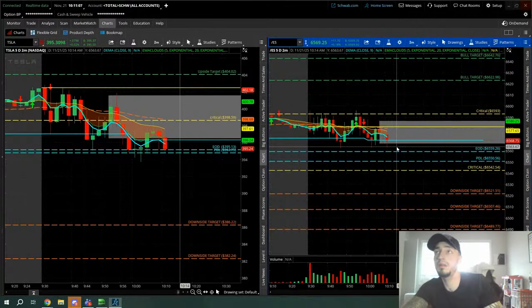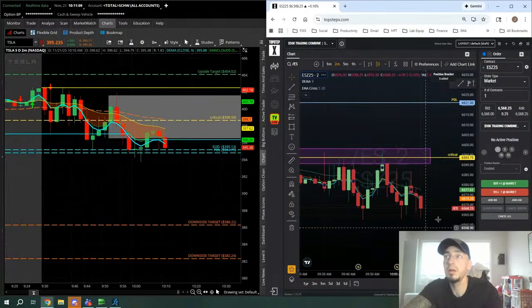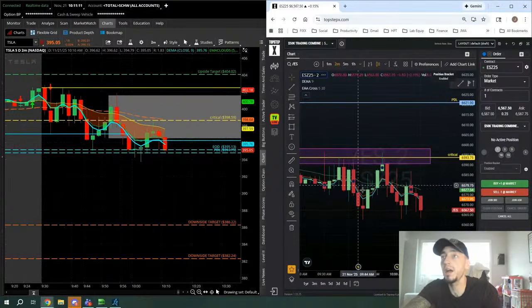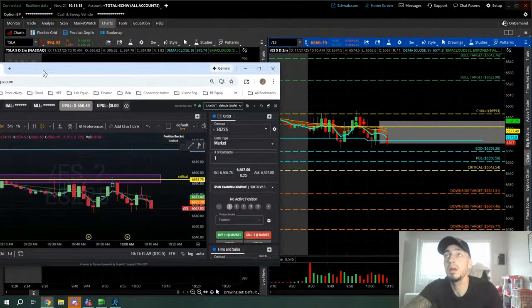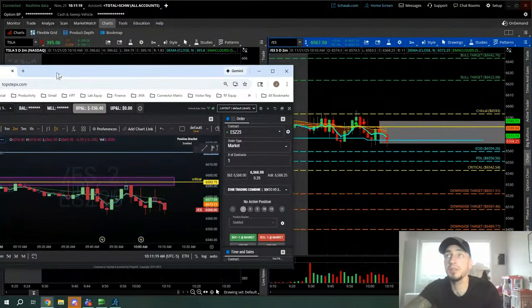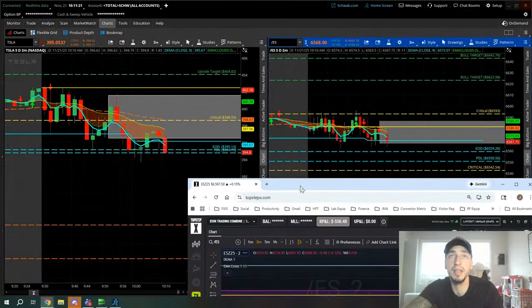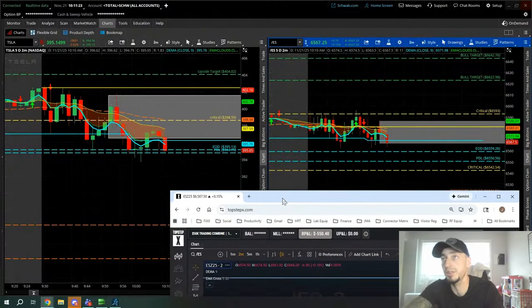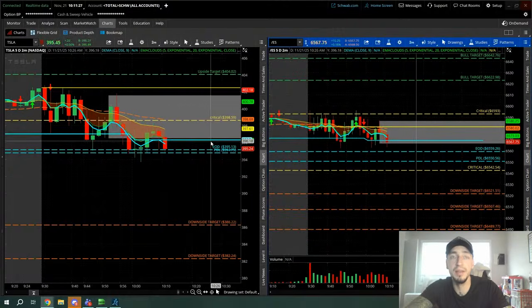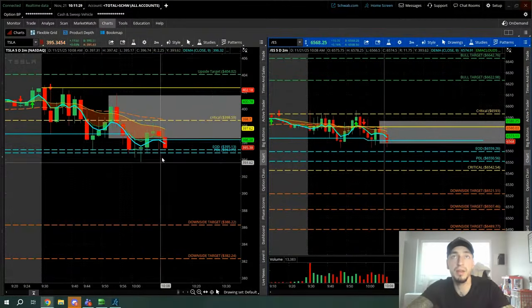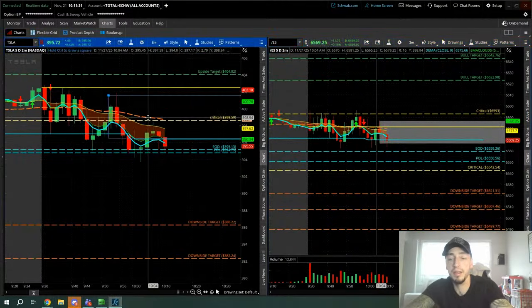You know what? If I want to get in this, I'm just trying to validate. Look at Tesla pushing. Very nice push here on Tesla. I really want to see this break, right? I really want to see that break.